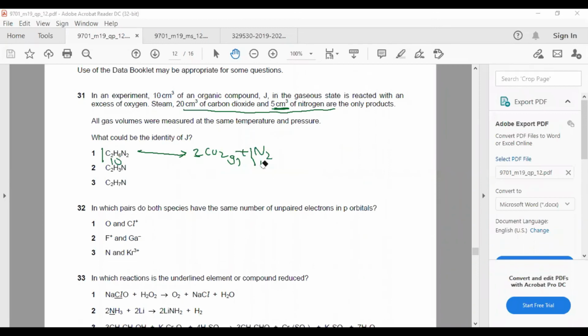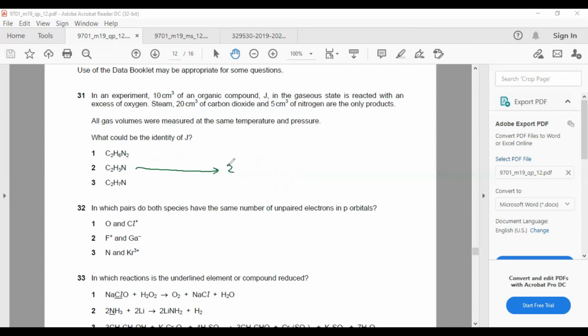If you have not got it, then look. 1 mole, 2 mole, 1 mole. For gas, we use volume ratio also: 1 cm cube, 2 cm cube, 1 cm cube. 10 cm cube, 20, 10. Nitrogen produced is 10. So 1 is wrong, because 5 cm cube nitrogen is formed.